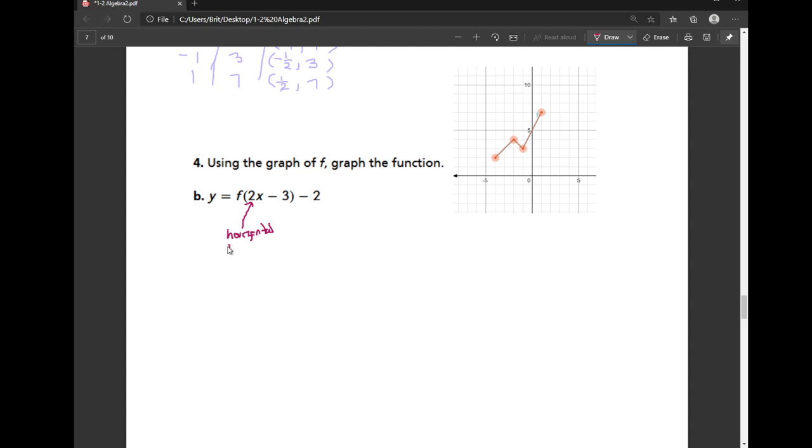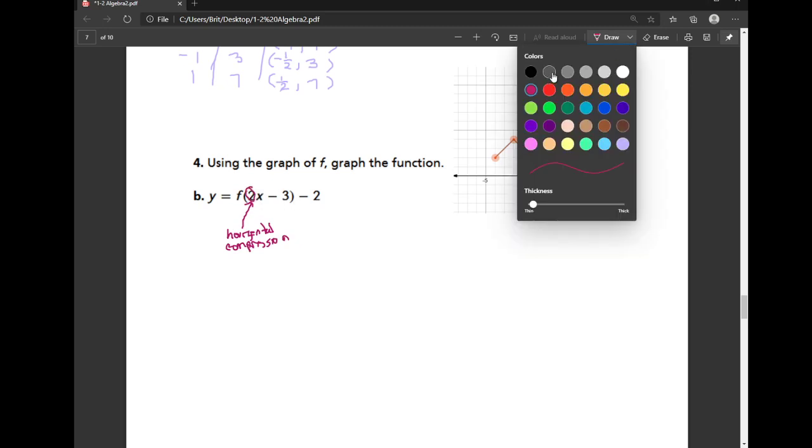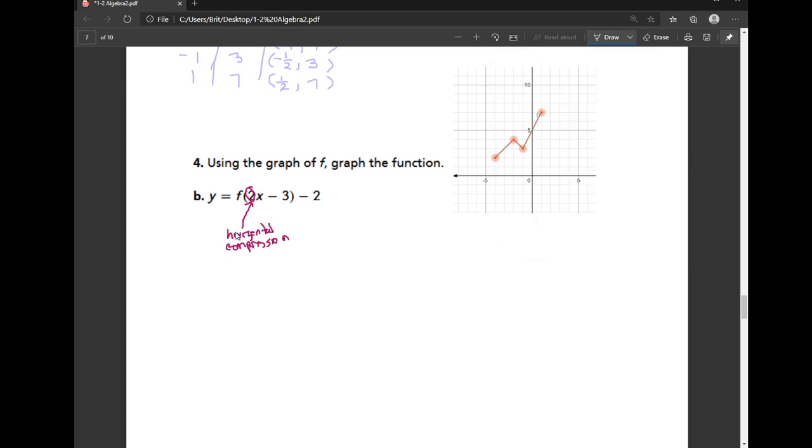But because there's more going on in this grouping symbol, and there's a number in front of the x here, we have to change our equation before we can go any further. So I'm not even going to bother with the other ones until I've put the equation in the form it needs to be in. Okay, so I still have my y equals f.